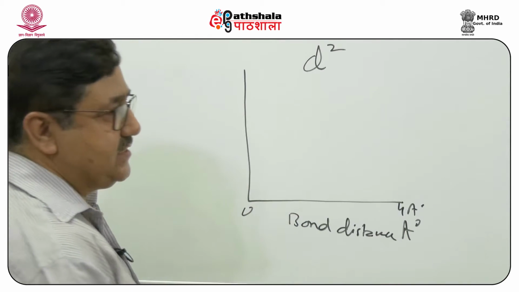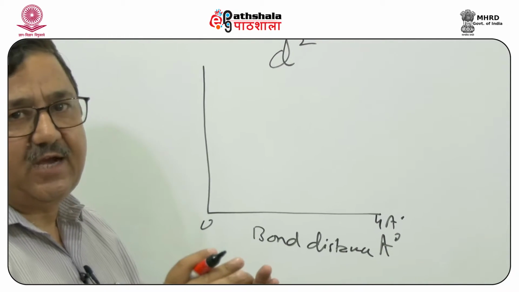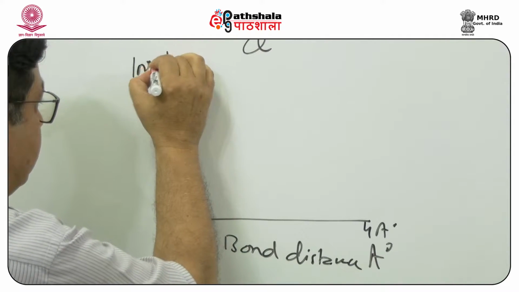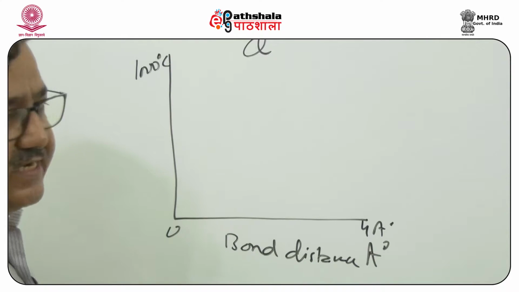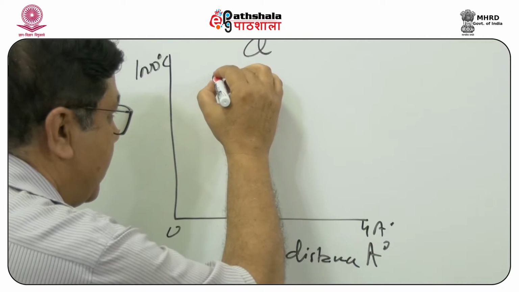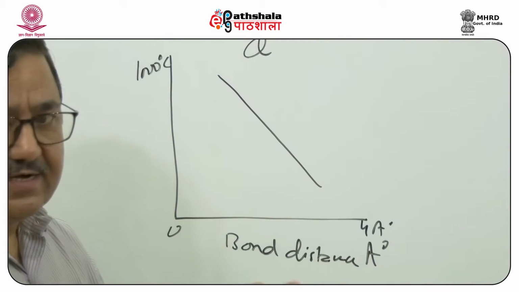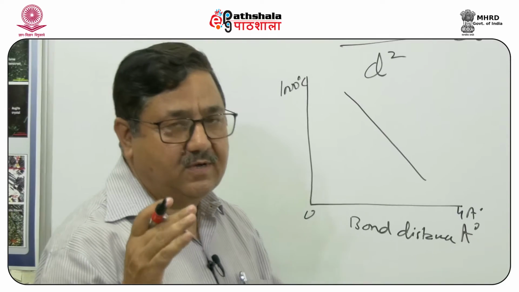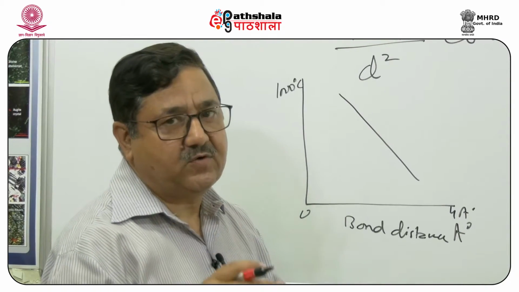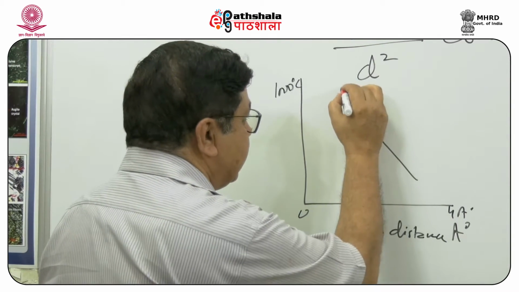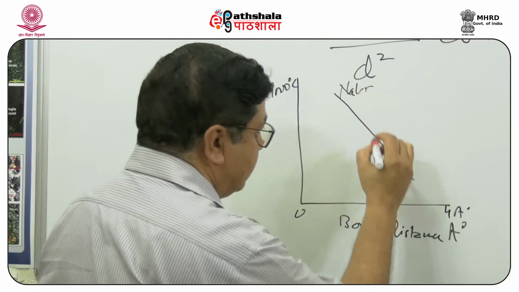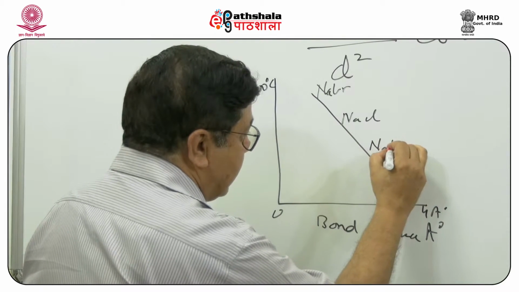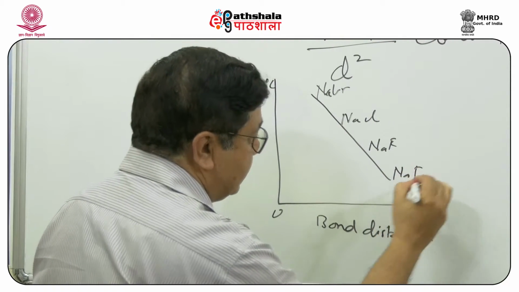And the vertical axis is the temperature at which the compound melts, let us say 0 to 1000 degree centigrade. And if we plot the sodium fluoride, sodium chloride, sodium bromide and sodium iodide compounds, they plot in this form: NaBr, NaCl, NaF and NaI.